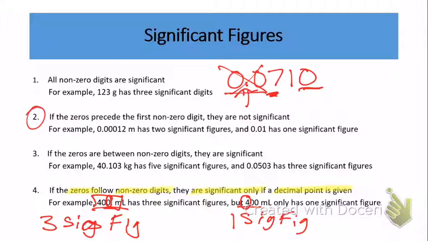And we would say that there are 3 significant figures in this measurement, with the estimated digit being that last 0. So you always have to look and ask yourself, is there a decimal point? If there is, then the zeros at the end are significant.